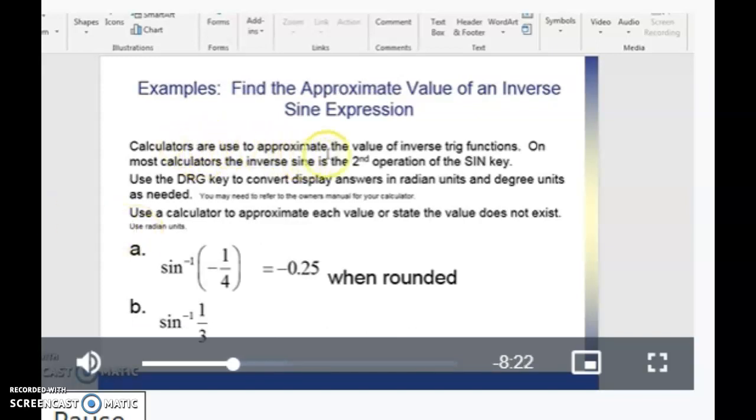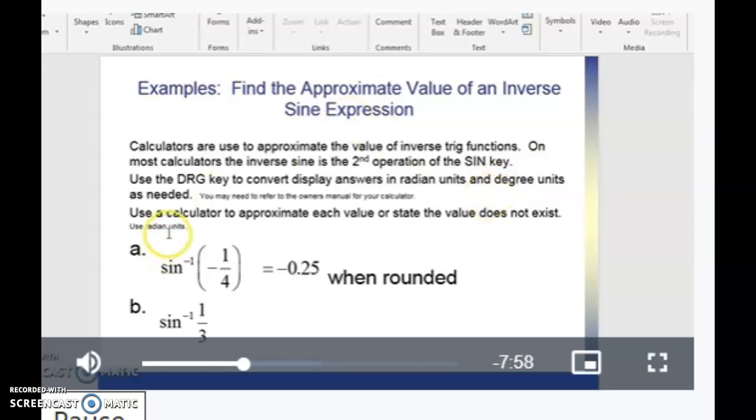Calculators again are used to approximate the value of inverse trig functions. On most calculators, the inverse sine is the second operation of the sine key.